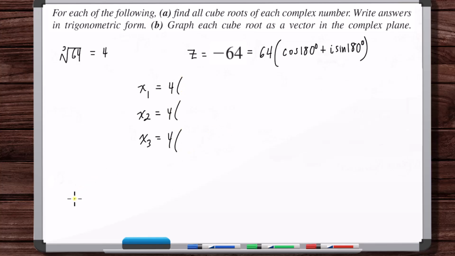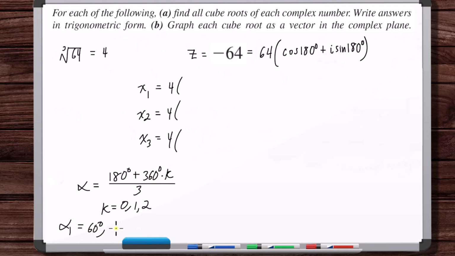Now the angles, same procedure each time. You write the angle of the root, plus 360 or 2 pi times any integer k, over the nth root, so that's 3 in this case, but k is limited to 0, 1, or 2. So alpha 1 is k equals 0: 180 divided by 3, that's 60. The rest are all 120 degrees apart.